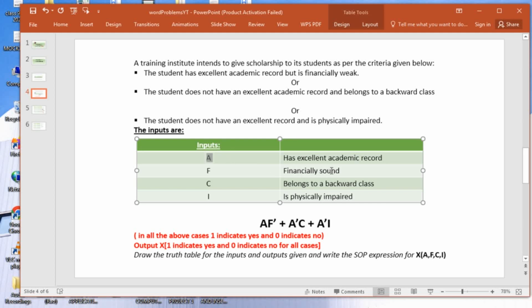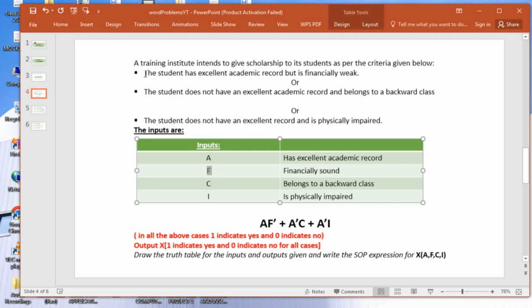Similarly, financially sound will be indicated by F. These are the inputs, right? C means belongs to a backward class and I means is physically impaired.